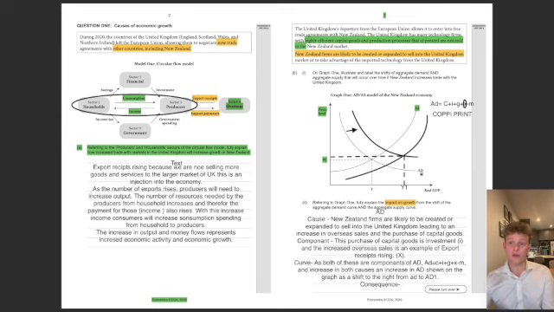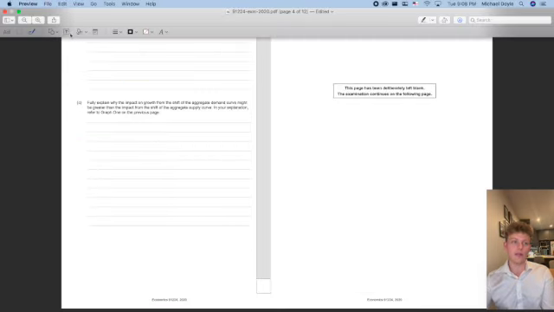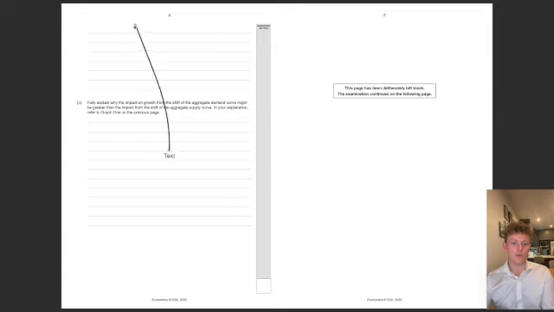Obviously, on the next page we're going to talk about aggregate supply and the change here. Again, not a lot of writing room. We might be going a little bit too in depth, so let's get our forces a bit more concise this time.